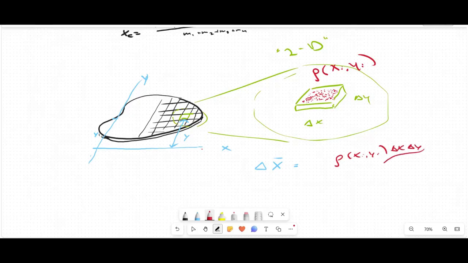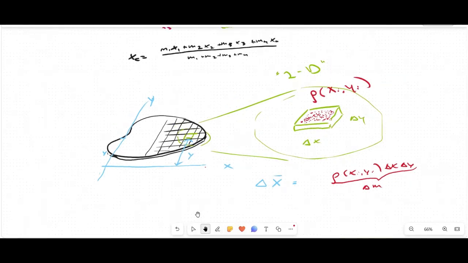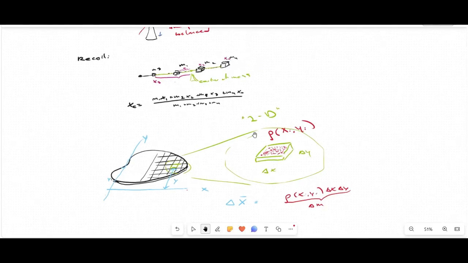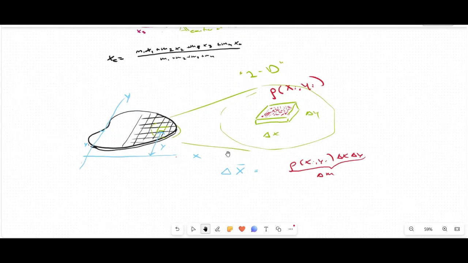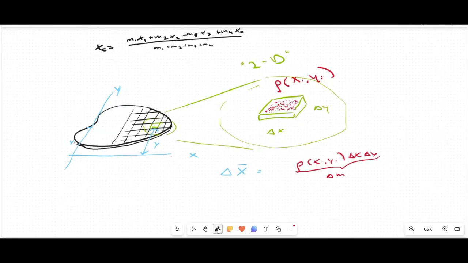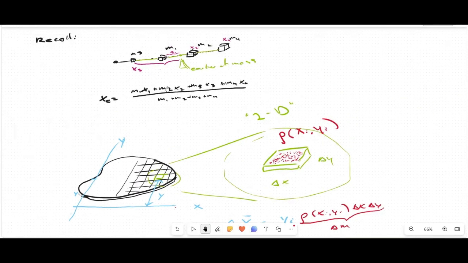This collectively is a little bit of mass. I'm going to call that delta M. This is parallel to those little rectangular cubes I was drawing a moment ago. So this is one little bit of mass, just like those were all little bits of mass. And then there's this coordinate, I'll call it just yi, how far we are from the x-axis. And that whole quantity right there, yi times the mass, is like one of these quantities up here.